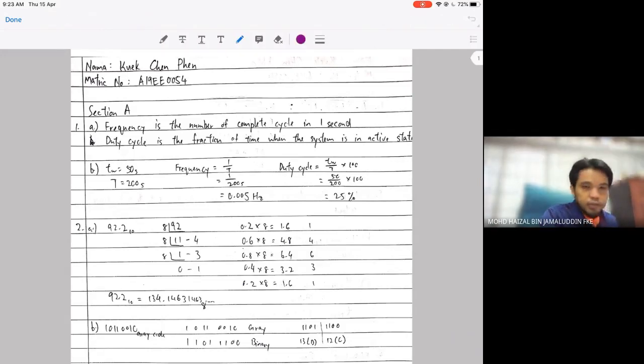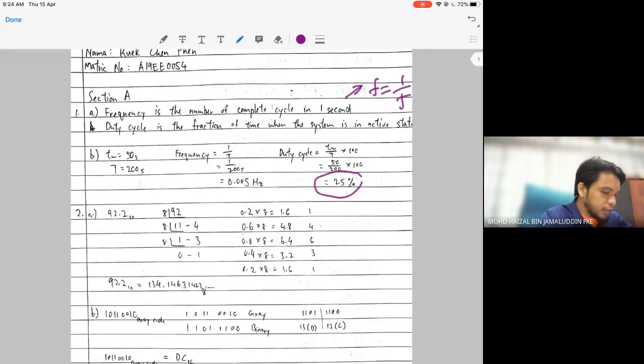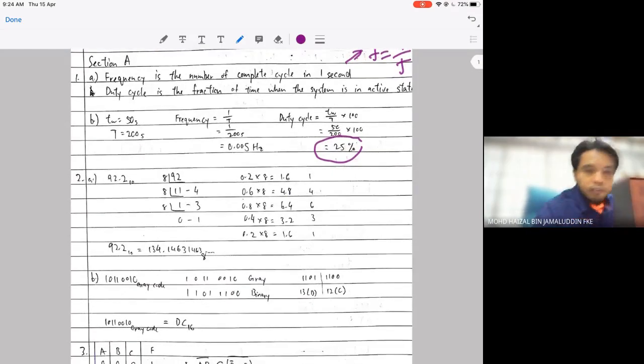Okay, so this is an example of a question. The first question asks about the basic concept of frequency. This is just 3 marks. To recall, F is equivalent to 1 over T. This is back to what you learned in the first week. And then you have the duty cycle in order to calculate the percentage. So this is just a brief idea of the final exam.